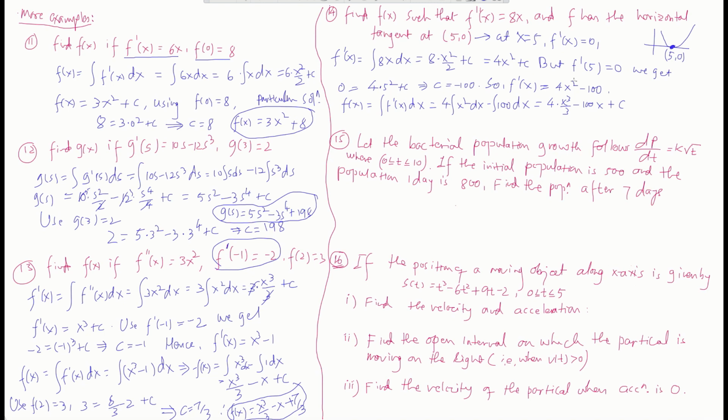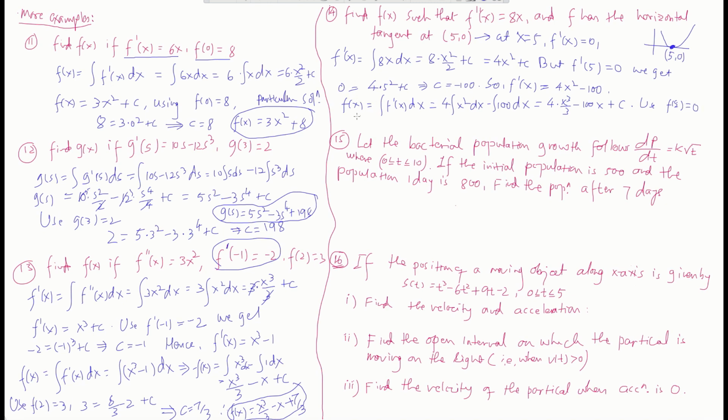Again, we need to use that at x equals 5, y is 0, because it also passed through (5, 0), right? Horizontal tangent means there is a tangent, and the slope is 0 also. When x is 5, y is 0. That's what is given. So also use f(5) equals 0.